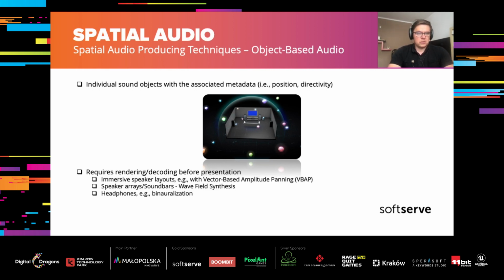For instance, for immersive speaker layouts, algorithms such as vector-based amplitude panning can be used. For speaker arrays or soundbars, we have the wave field synthesis algorithm, and for headphones, as mentioned already, binauralization.